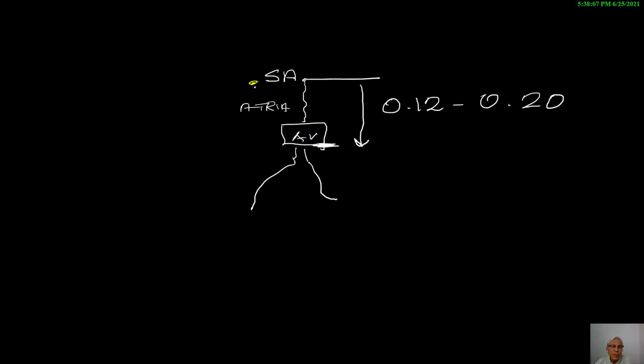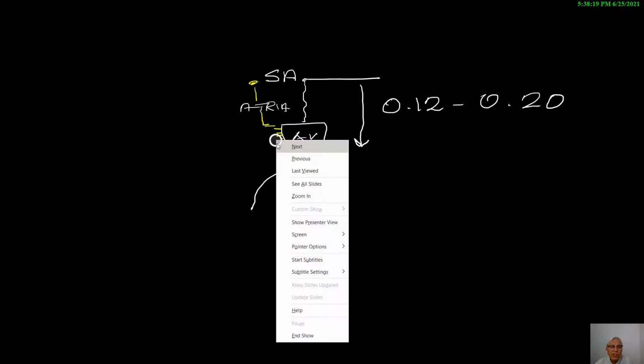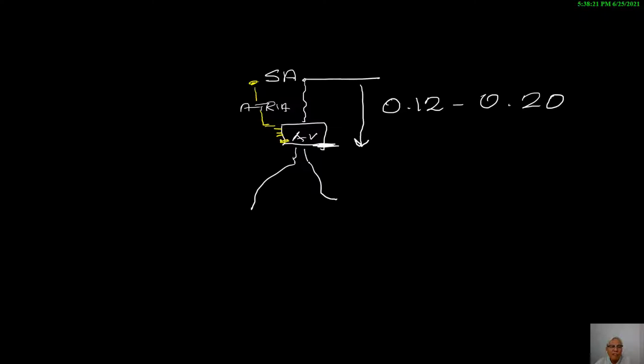So from the sinus node to the atria and onto the AV node, or before the AV node, is normal. But as it goes into the AV node, there is a significant delay in the transmission of electrical impulses. The delay is in the AV node, and the PR interval will reflect this particular delay, and therefore the PR interval is going to be more than 0.20 seconds in a first-degree AV block.